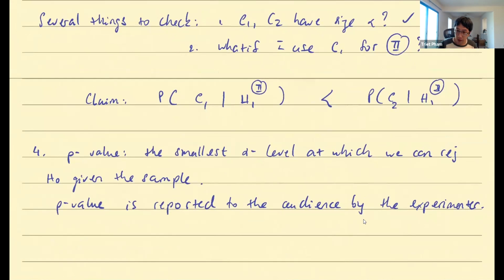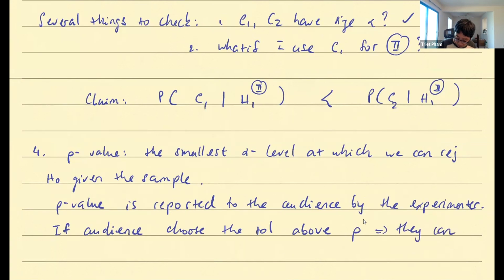So the logical consequence is this: if the audience chooses a tolerance alpha above p, then they can reject. Agree? Because if the tolerance is above p, and p is the smallest alpha at which you can reject, then they can reject the null.